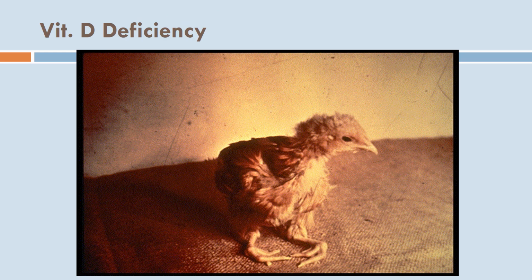Here you can see the picture of a chick that is unable to stand on its legs. This is due simply to the deficiency of vitamin D, rather than a deficiency of calcium and phosphorus. You can see the chick is sitting and taking the weight on the hock joint.